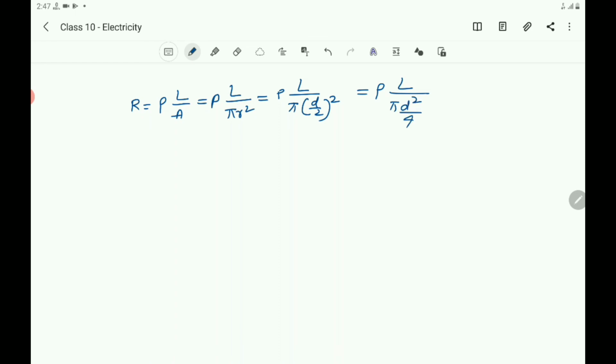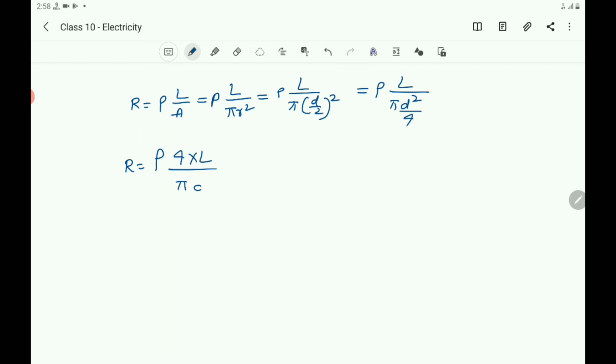So R equals ρ into 4 into L by πd². This is the formula for R, and you can observe that here R is inversely proportional to d².